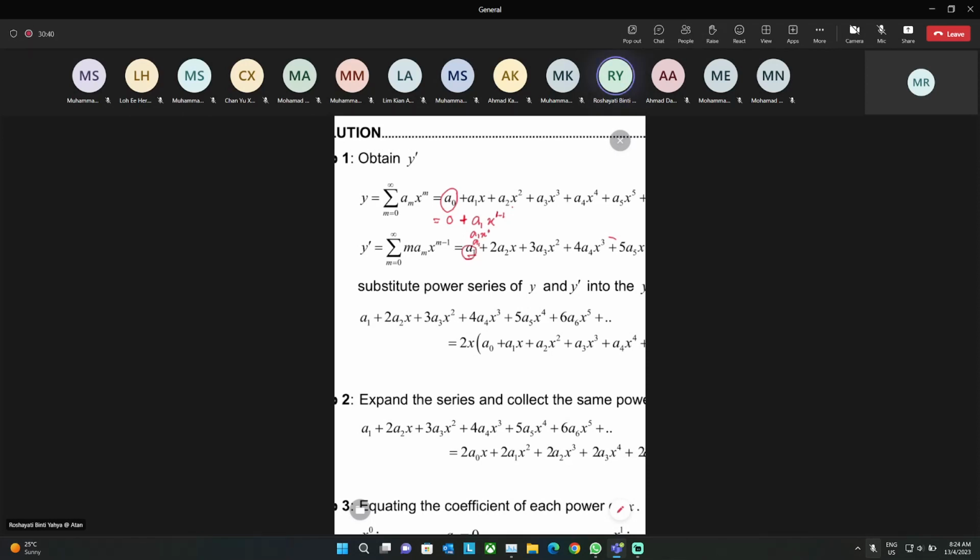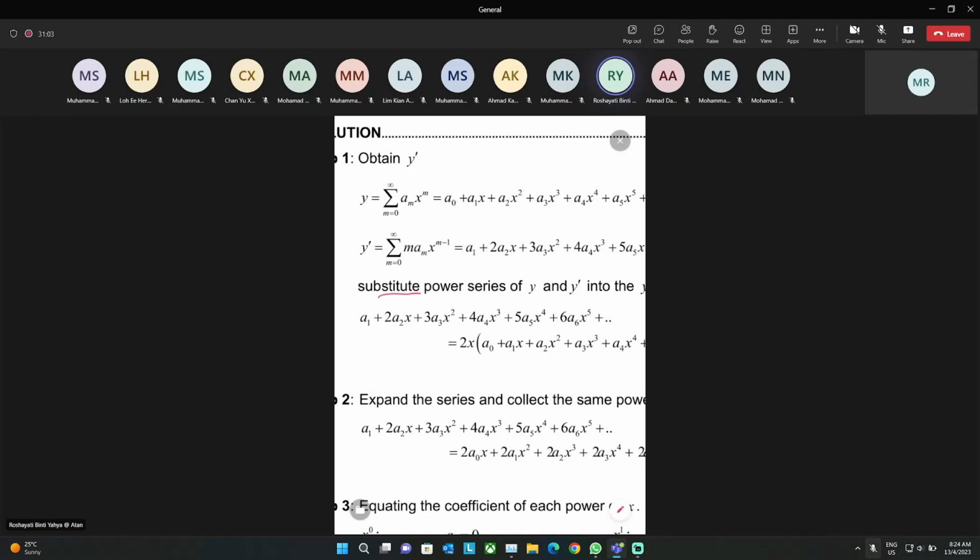So this is the answer. For a2 x to the power 2 minus 1, put 2 in front, so it becomes 2a2x. This is the answer, and so on. You can continue.